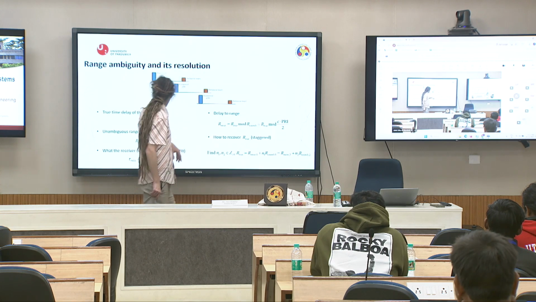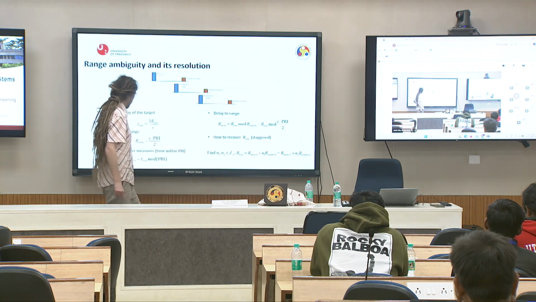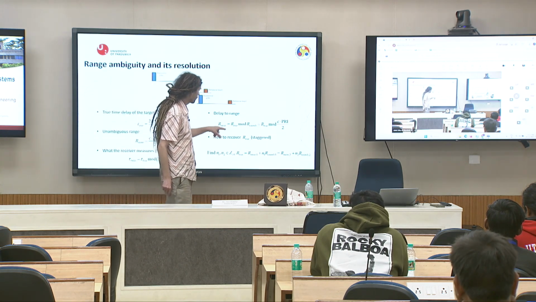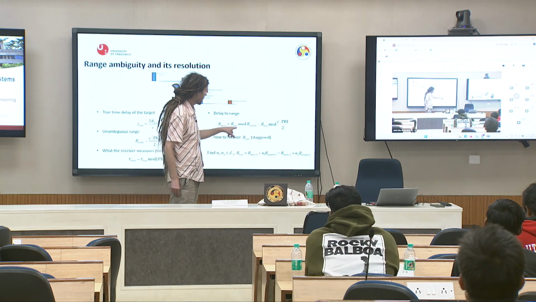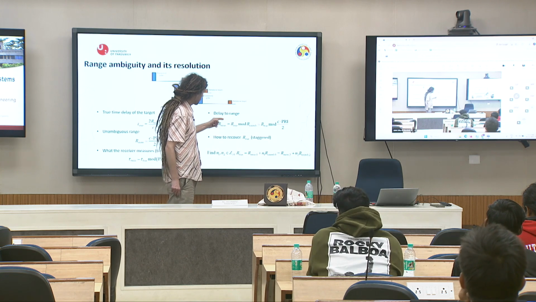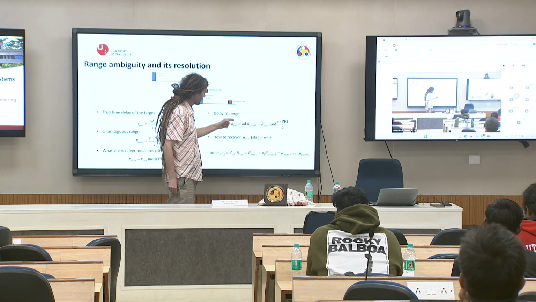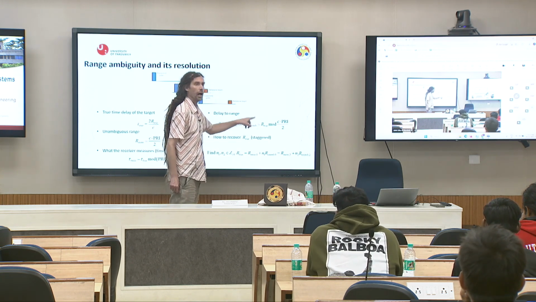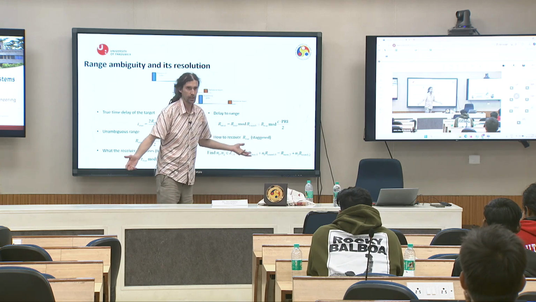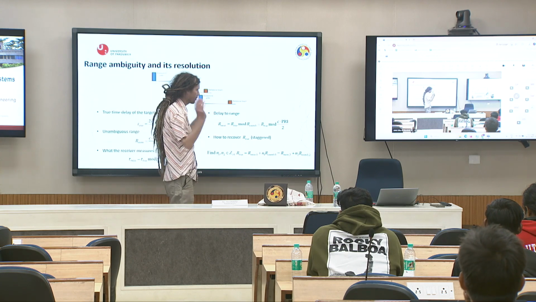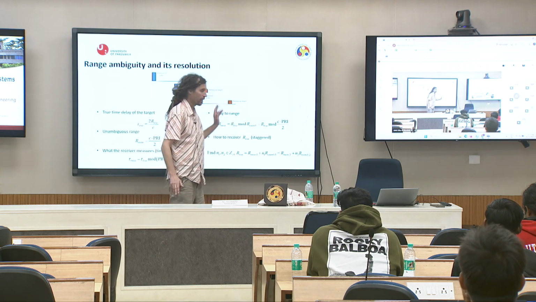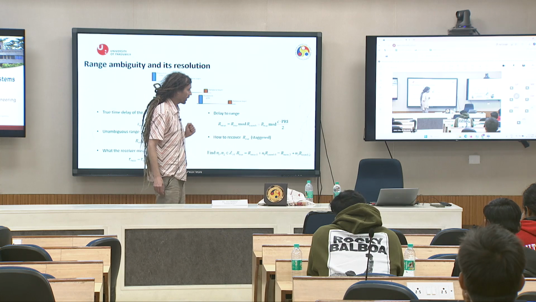Delay to range: if I recompute this, and of course I work with slant range, it is again what I measure, which is the true range modulo the unambiguous range. It is still the same, just a conversion from time delay to slant range. So how to recover?